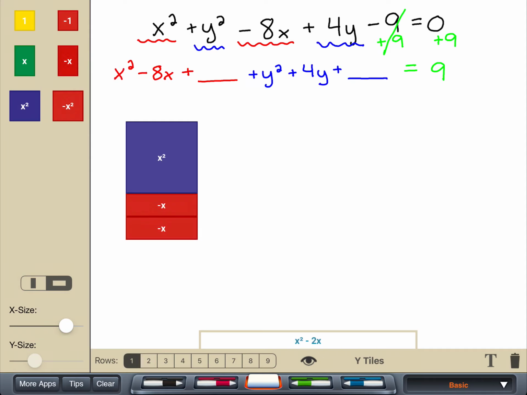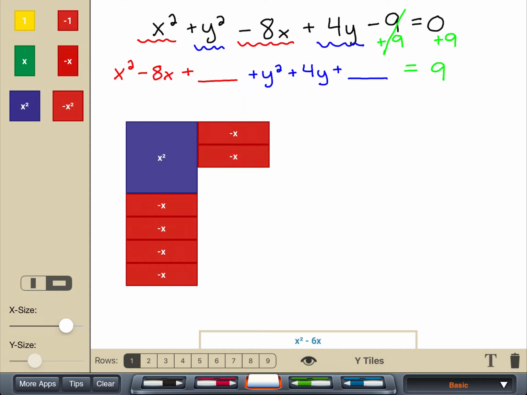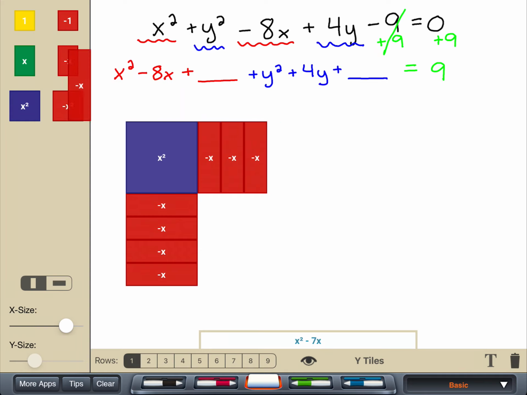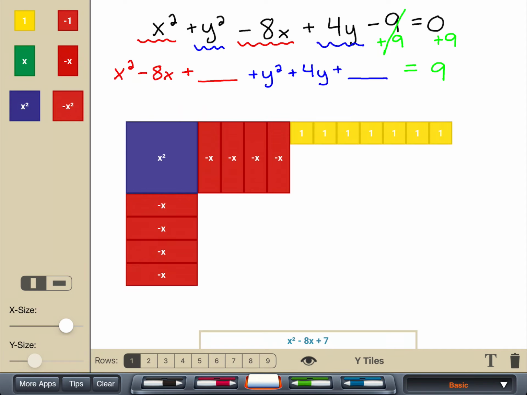So I'm actually using the negatives this time. So I have 4 on one side. I need to switch them the other way. 1, 2, 3, 4. And the thing that will fill these are the ones, so we can count how many.